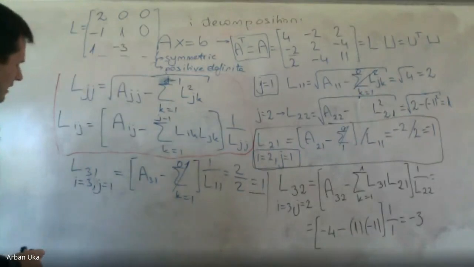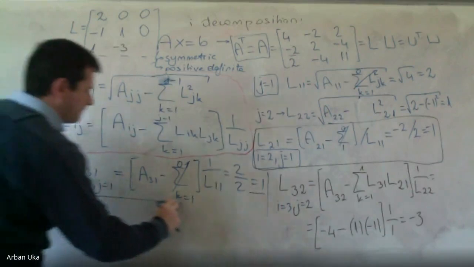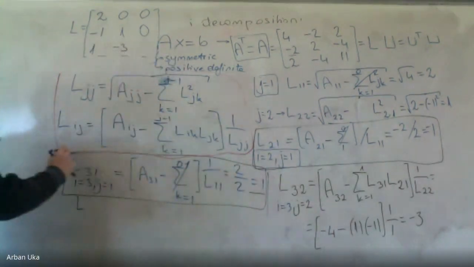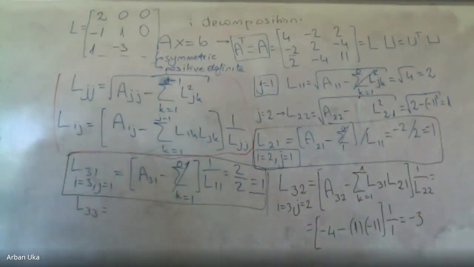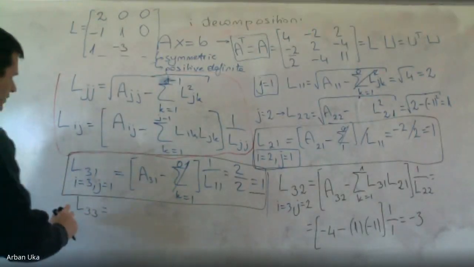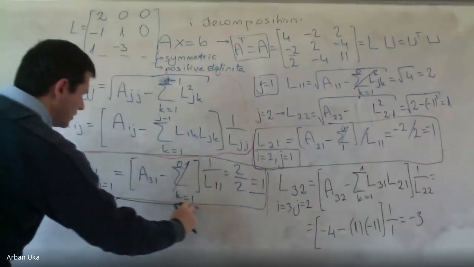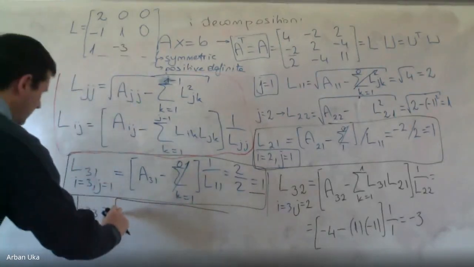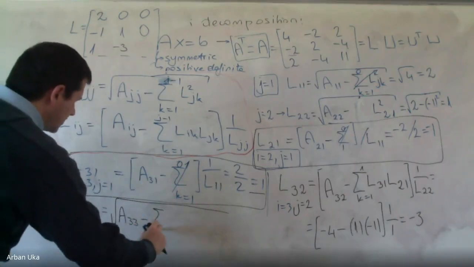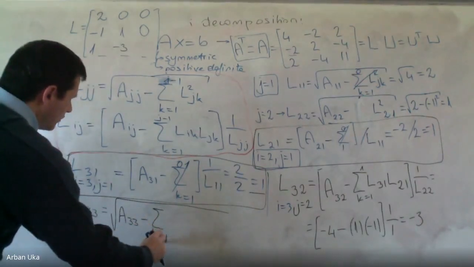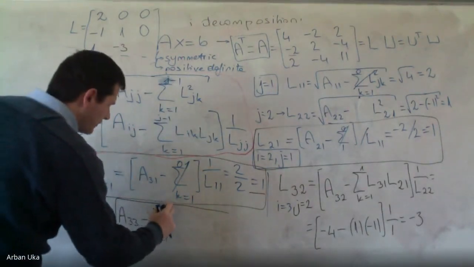It goes here. Then the very last element is L33. This is going to be equal to the square root of A33 minus the summation, which is k equal to 1 up to j minus 1. J is 3 here, minus 1 we get up to 2.